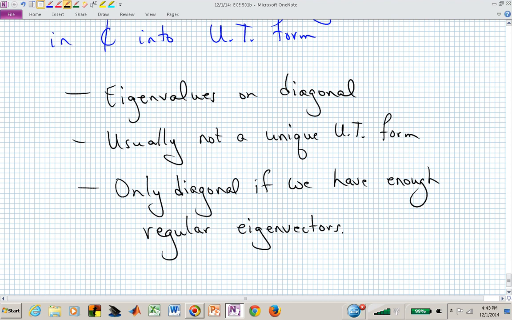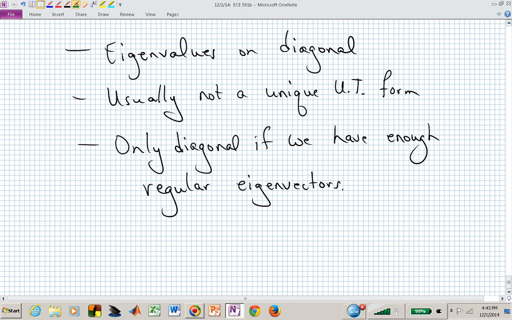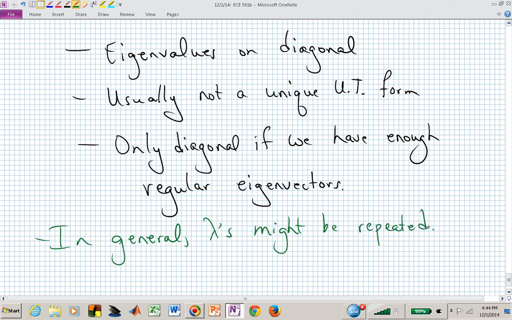But unfortunately, in a generic operator, these eigenvalues might actually be repeated.